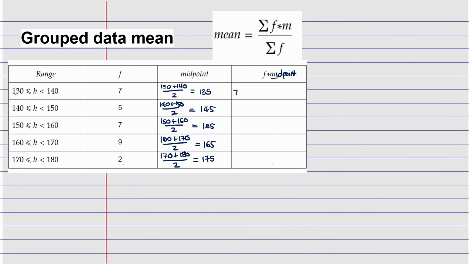So it's going to be 7 multiplied by 135, which gives 945. Then you're going to say 5 multiplied by 145, which gives 700 and something.